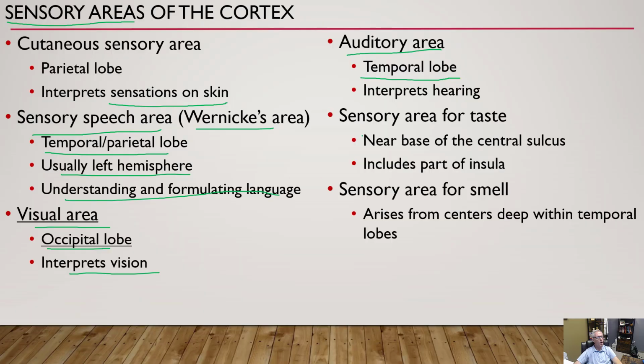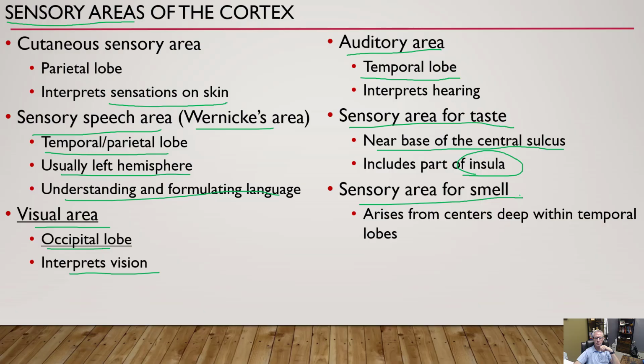All right. Sensory area for taste. Near the base of that central sulcus, that's your Island of Reil, your insula. Remember, it's buried deep within that lateral sulcus and that central sulcus.